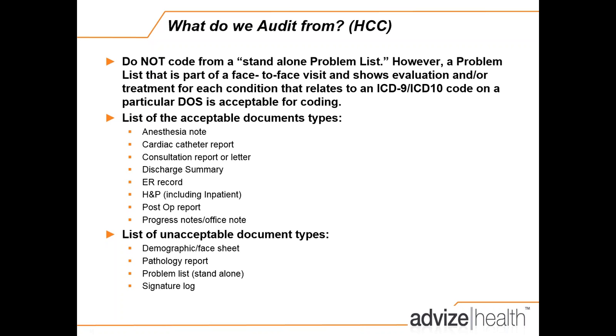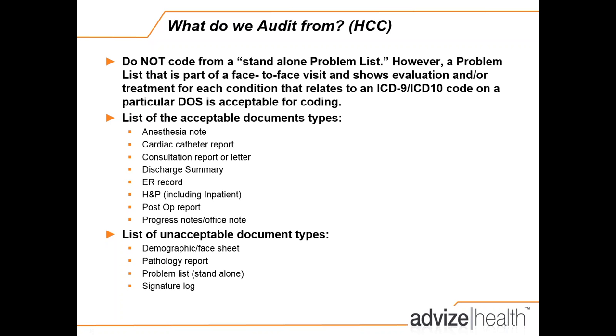List of the acceptable document types: anesthesia notes, cardiac cath report, consultation report or letter, a discharge summary, an ER record, an H&P, a post-op report, and of course a progress note, office note. And again, we'll go further into the cardiac cath report. That gets kind of tricky for HCC. You'll notice I say you can use it, but then when we move further along, we'll say specific ancillary reports cannot be used.